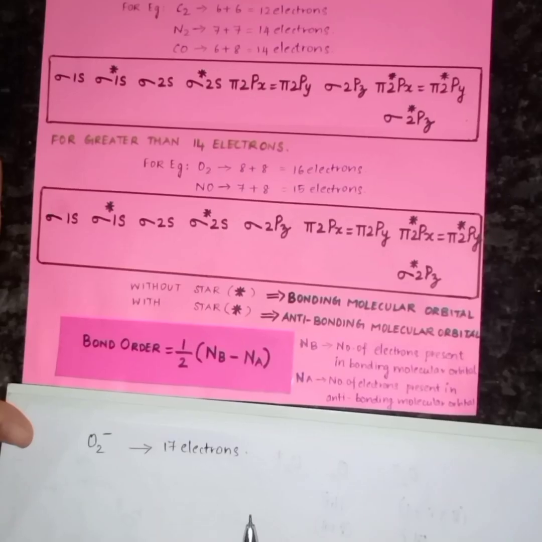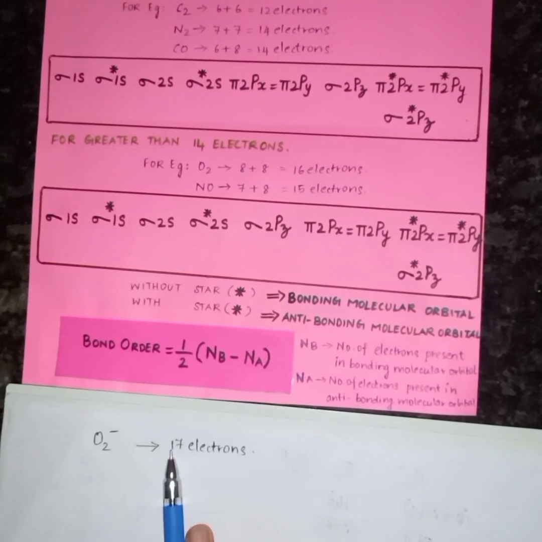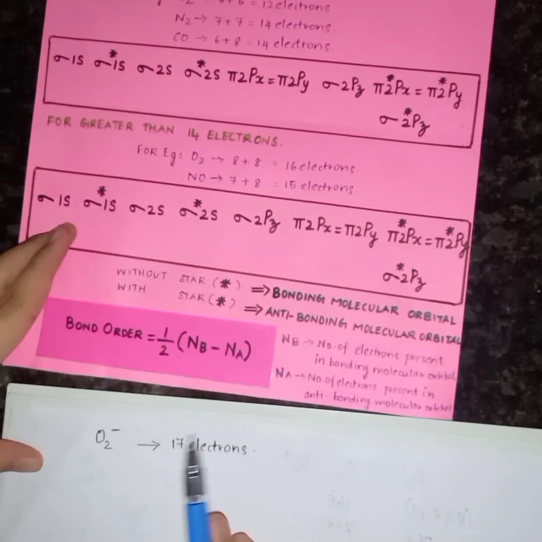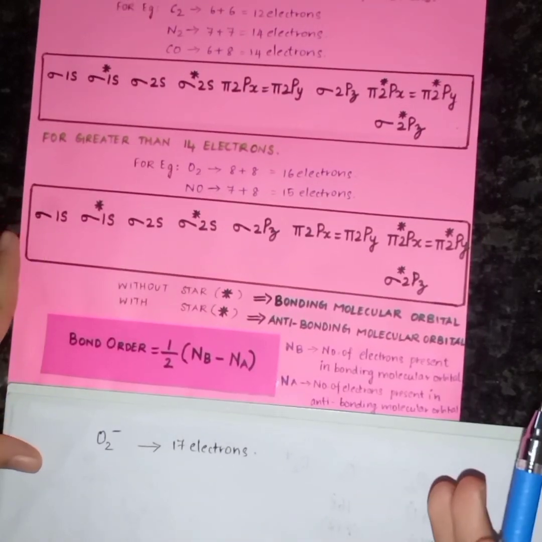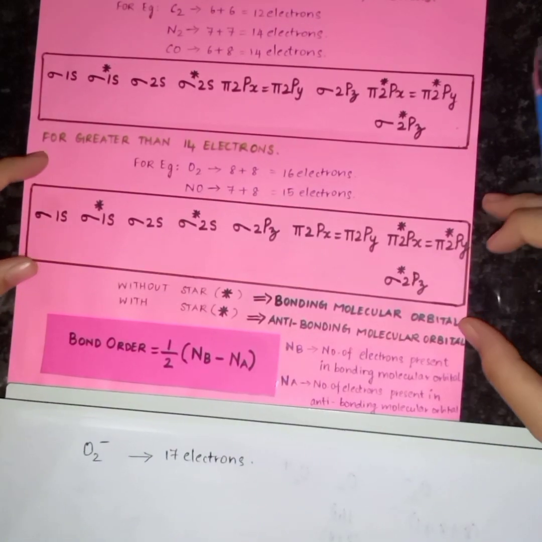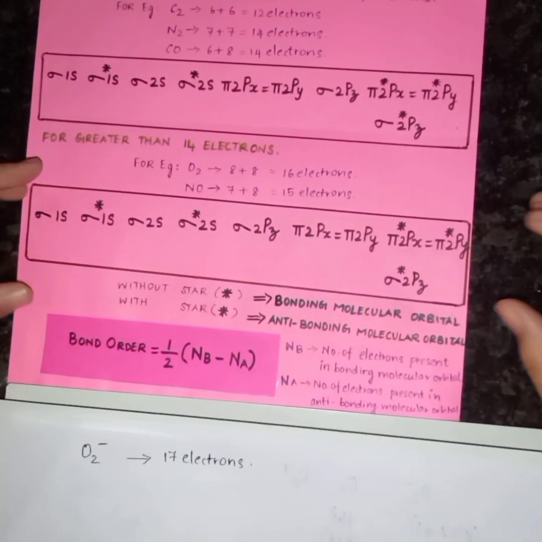Let us find the bond order for O2 minus. O2 minus is having 17 electrons, which is greater than 14 electrons. So you have to apply this particular formula.